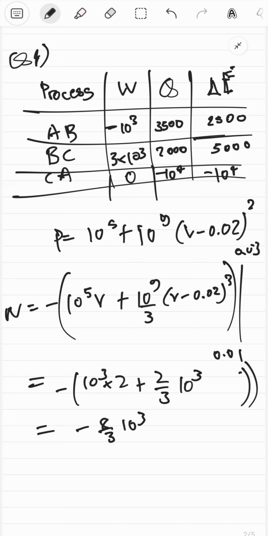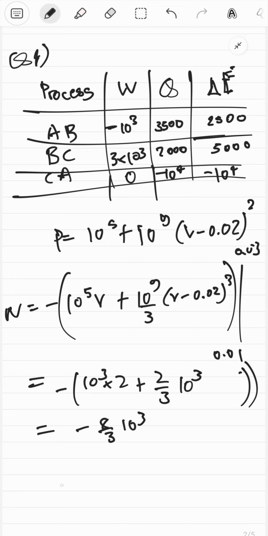Now we know that the total energy change for the A to B process was just 2500. Does this sort of match? I guess so. It's 2000 upon 3, so whatever. So that's the work done on the gas. It's negative of all of that.